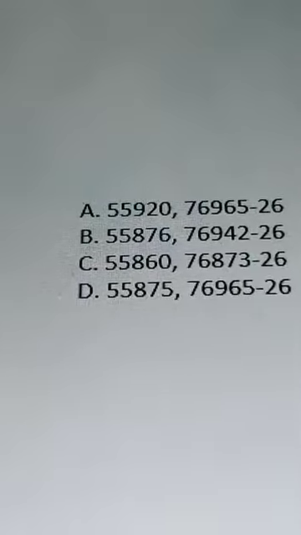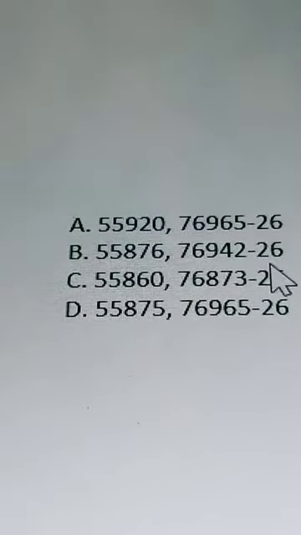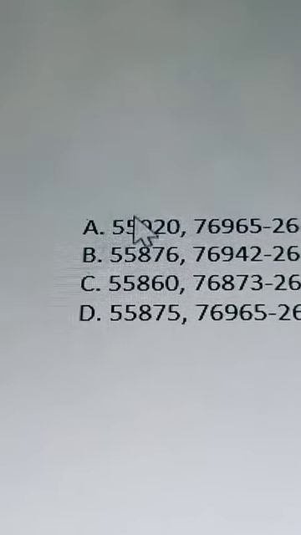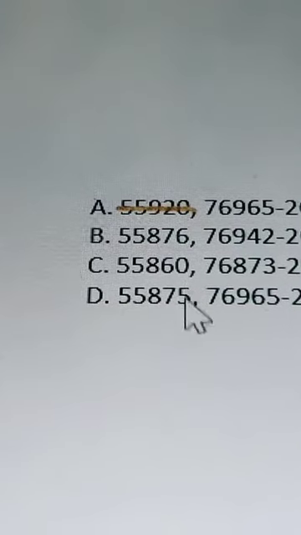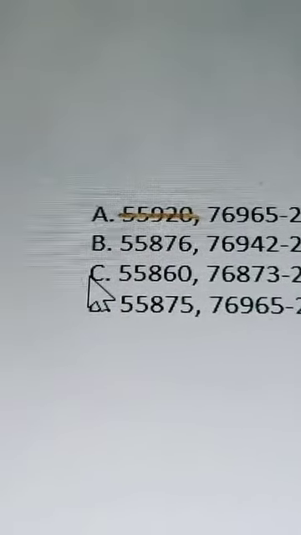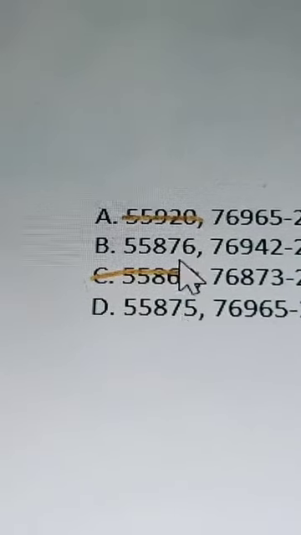All right, here's another exam question. For this one, we'll definitely get rid of A because 55920 is different and not as close numerically as the 75 and the 76. We can get rid of the 62 because it's not close either.